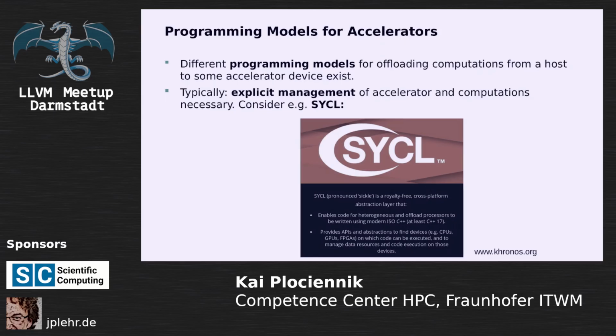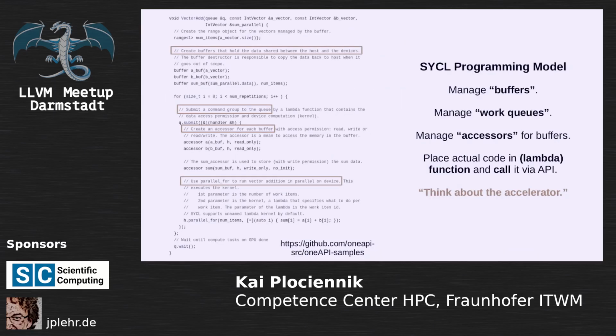Let's consider, for example, the SYCL language. This is an example from Intel's oneAPI samples. I don't want to go into the details here, and I'm not a SYCL expert, to be honest. But as you can see, to program in SYCL, you need to manage buffers that contain data.